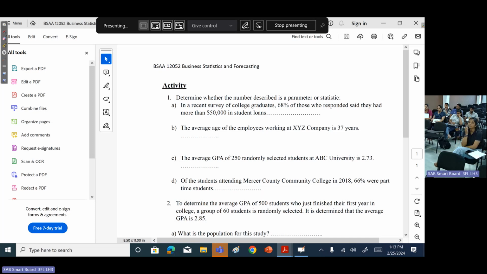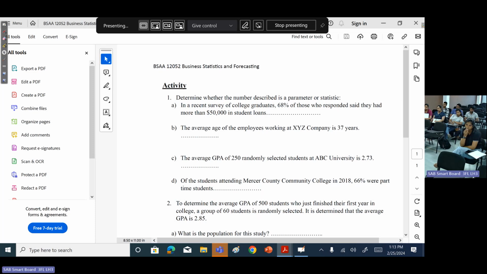And 66% means a proportion value. Okay, I told you, proportion means what? Percentage value. The part-time students' percentage value is 66%. That is what? Population proportion.